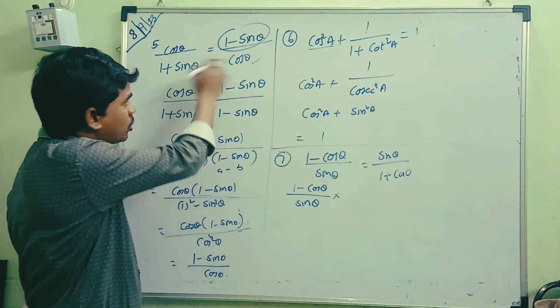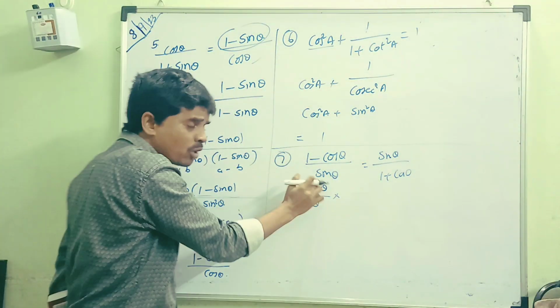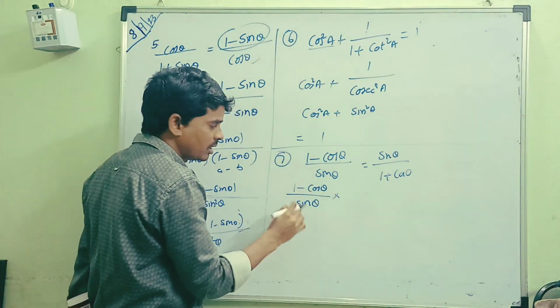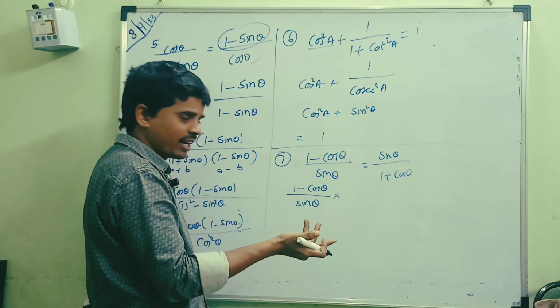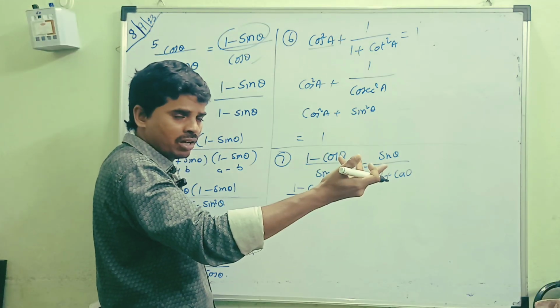We rationalize, just like we did earlier. We multiply the rationalized numerator, like 1 minus cos theta. We cannot exactly call it rationalization, but it is like rationalizing, as we learned in 9th class.